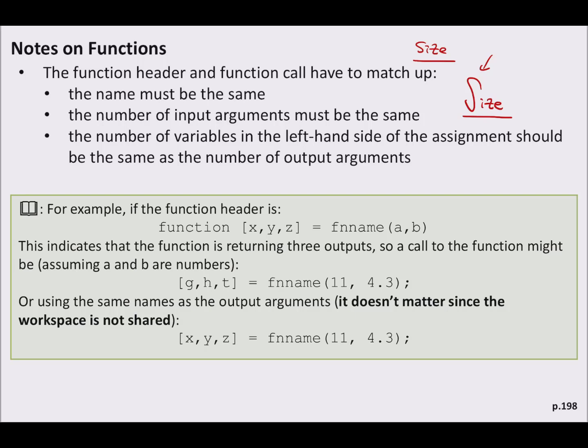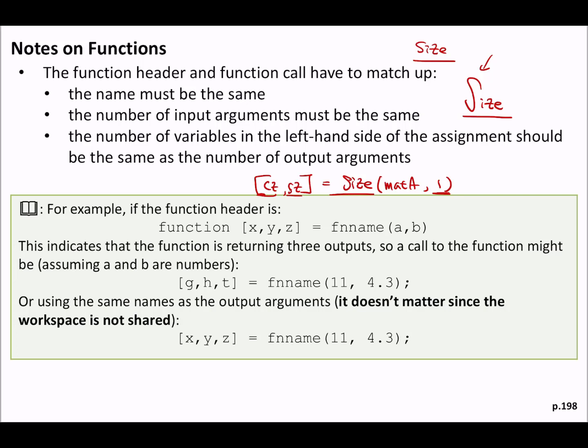The number of variables placed in the output, the left-hand side of the function call, should also be the same. I'm just making an example using this size built-in function, because we are familiar with it. Let's say we are making the math A. You should not write it like this, because this one indicates producing only one output argument, or one output return, but you should not place two.